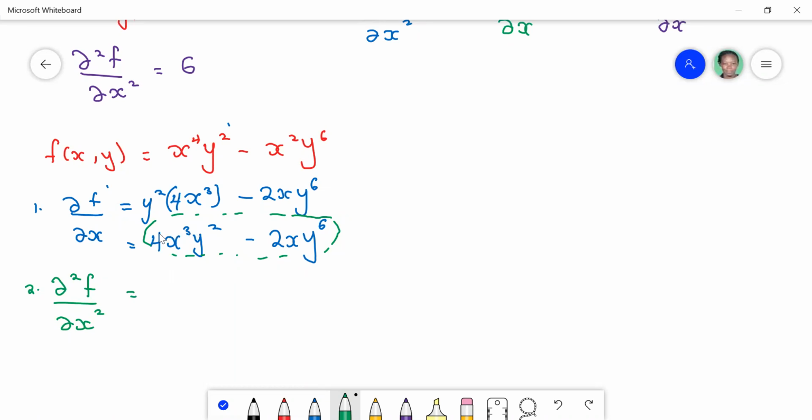So if we find the derivative, this is going to give us 12x squared y squared. Y is still a constant, which is multiplying, minus, if you find the derivative of x here, it is 1. So I have 2y to the power 6.